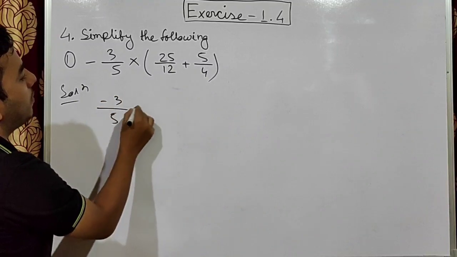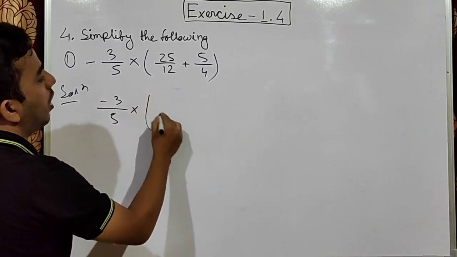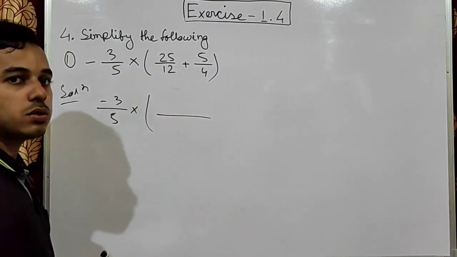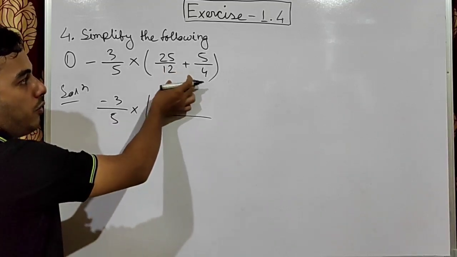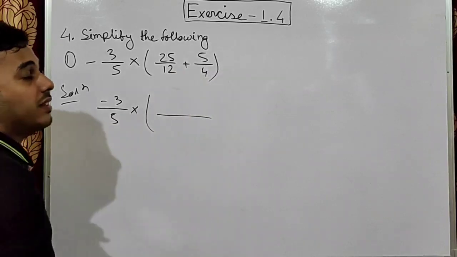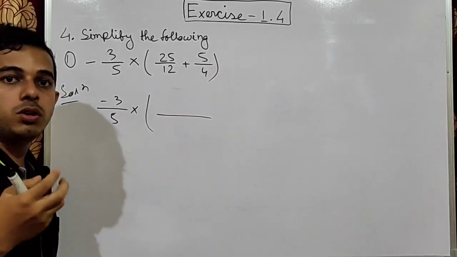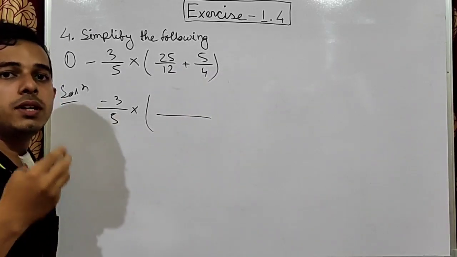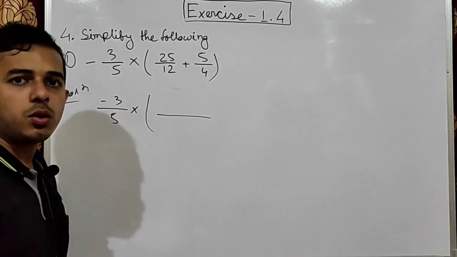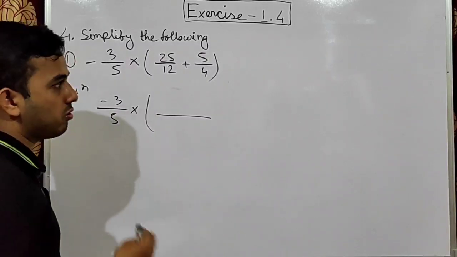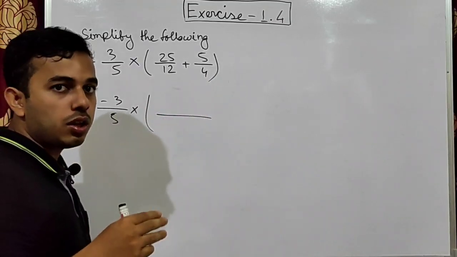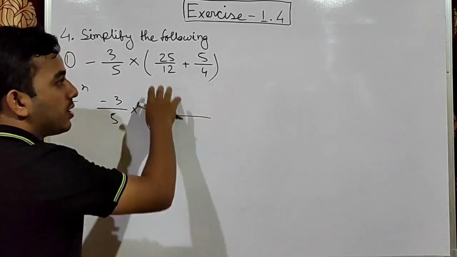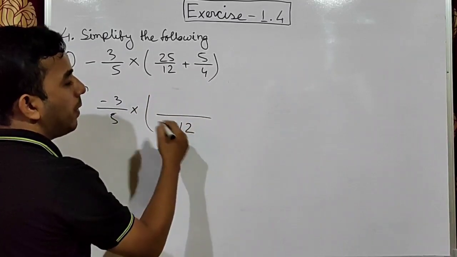How did we add rational numbers? We have taken LCM, right? In our previous class, when we did the addition of rational numbers, our first thing is what? We have to make the denominator same. For that we have to take LCM, that is lowest common multiple. The lowest number divisible by both is 12, because 12 is divisible by 12 also.